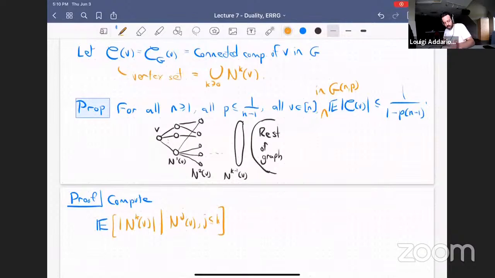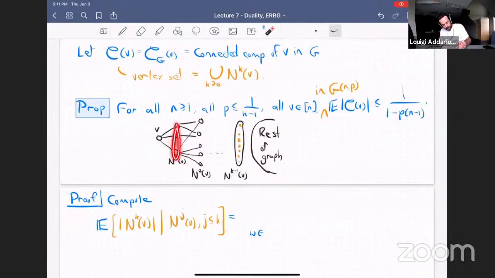Well, let's think about querying. For each vertex, one after the other, in some order, we'll ask how many neighbors the first vertex has in the rest of the graph. If I compute this expectation that way, I can sum over all the vertices in NK. Well, I want to say a bit more before I write the sum.